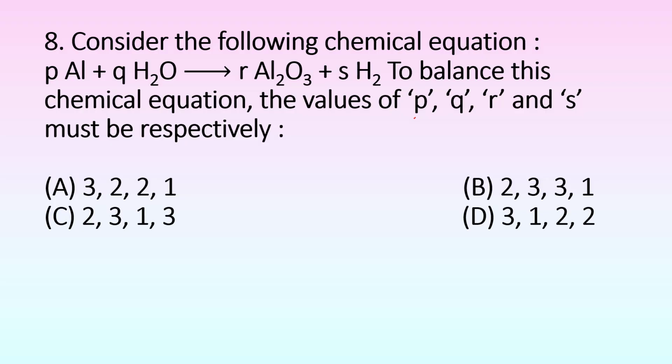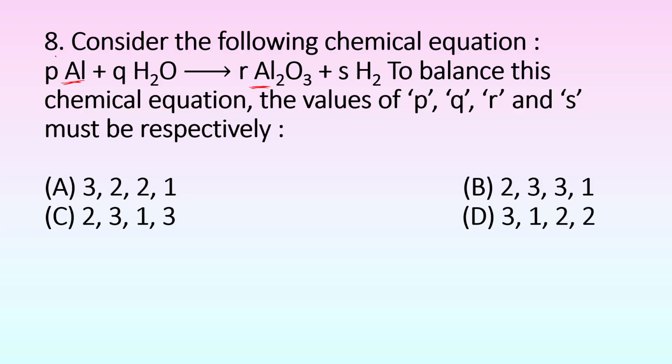Next, question number 8. Consider the following chemical equation. PAl plus QH2O gives rise to RAl2O3 plus SH2. To balance this chemical equation, the values of P, Q, R and S must be respectively. Here we see that on left hand side we have 1 aluminum and on right hand side we have 2 aluminum.